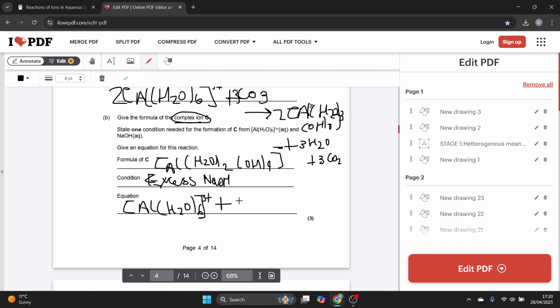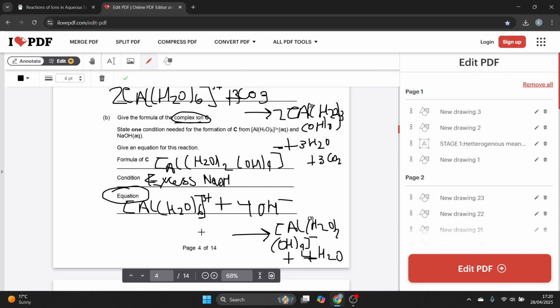So this plus 4OH-, and then I'll form my complex ion, [Al(H2O)2(OH)4]- plus 4H2O. So yeah, be careful. This one is a bit trickier. You just have to add them together. So there's two steps, but it wants it in one equation.